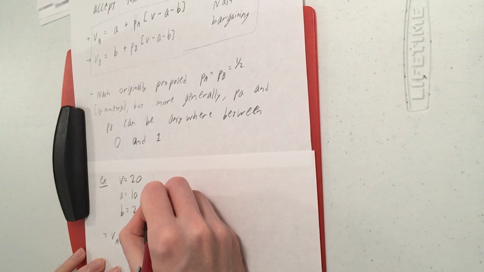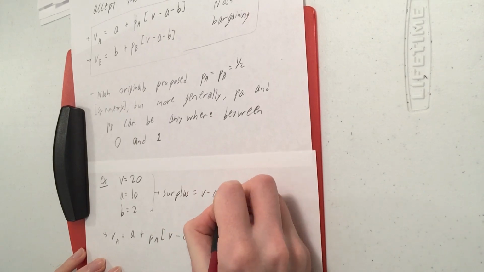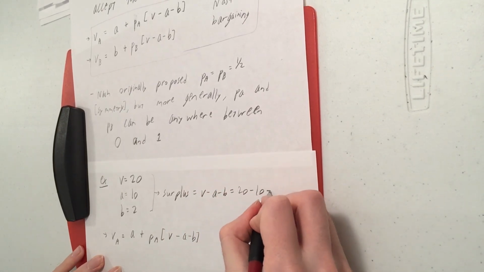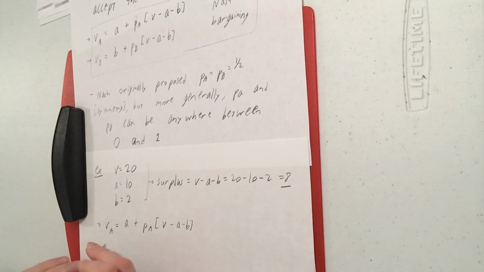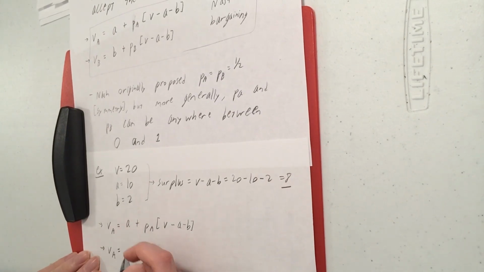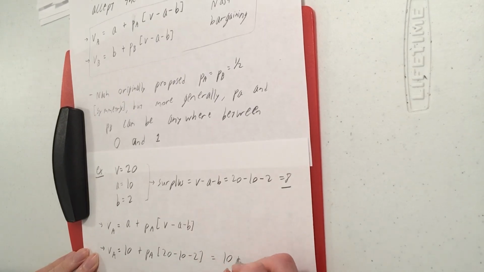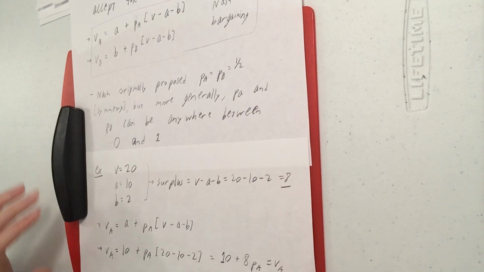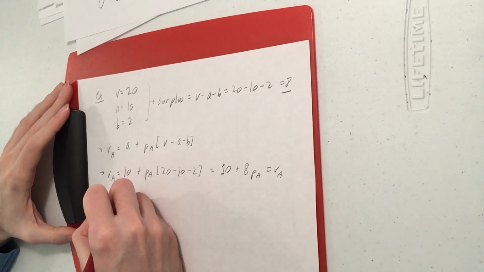So the surplus here is going to be 8. Let's find what person B gets.